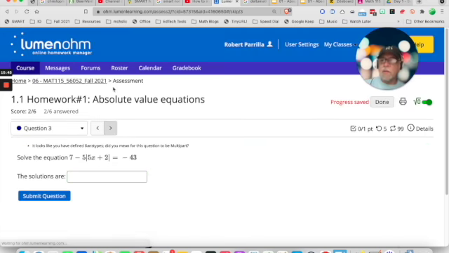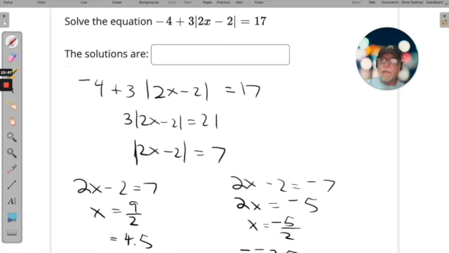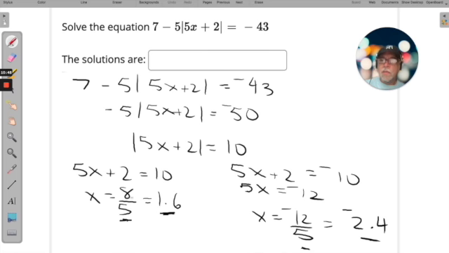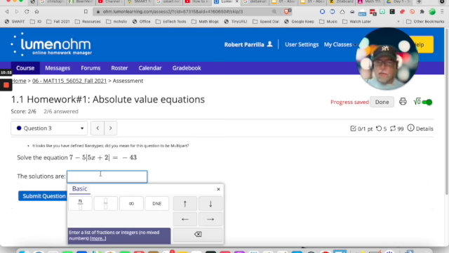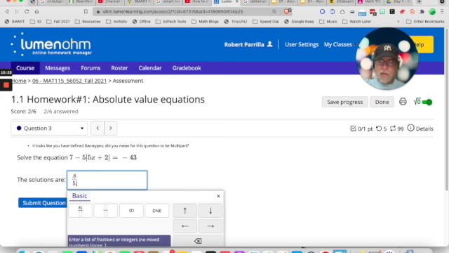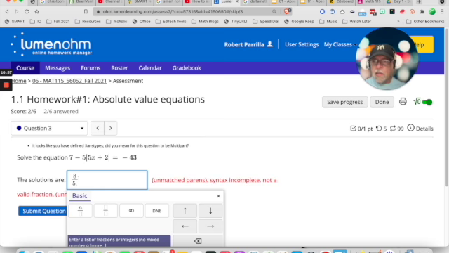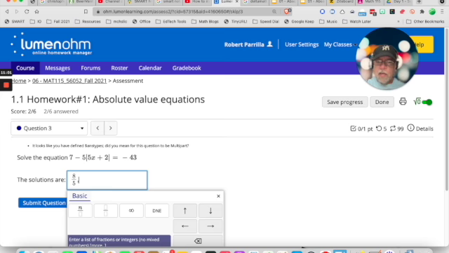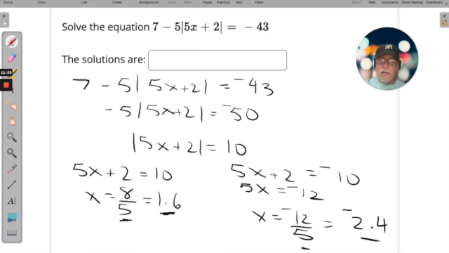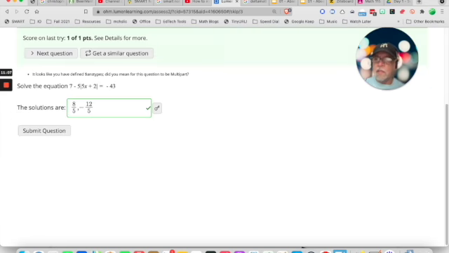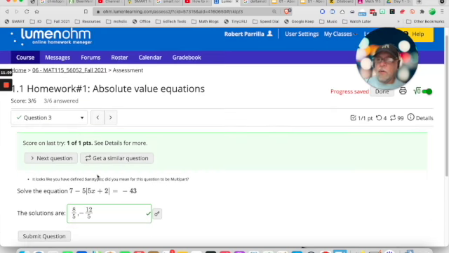Fractions are better anyway. I'm going to go with fractions going forward if this happens again. For this one, I'm going to get 8 over 5 and negative 12 over 5. You have to make sure you hit the right key. And negative 12 over 5, I think is what I got. So we're going to hit this one. We got this one right.